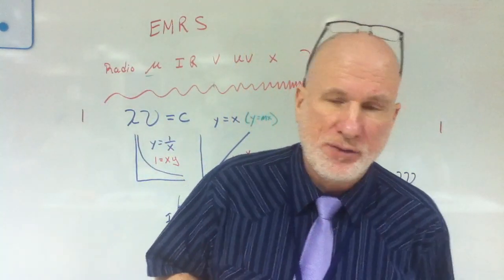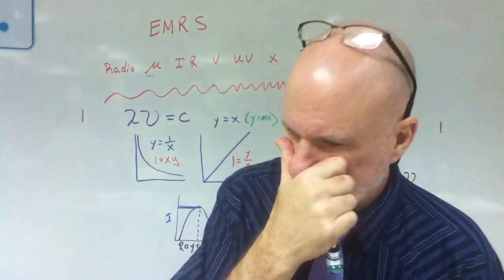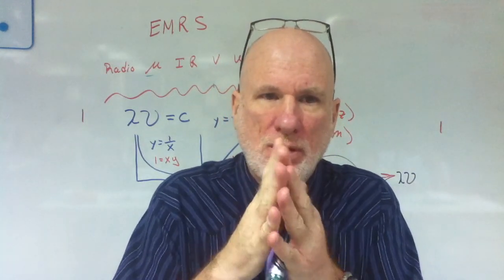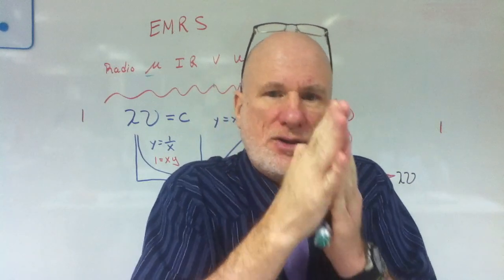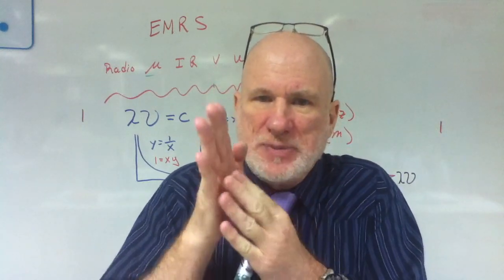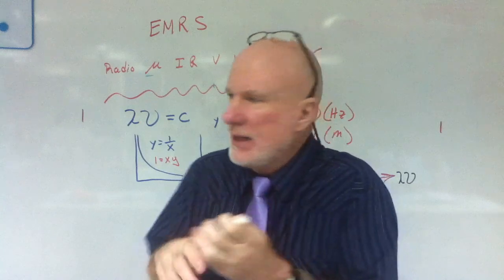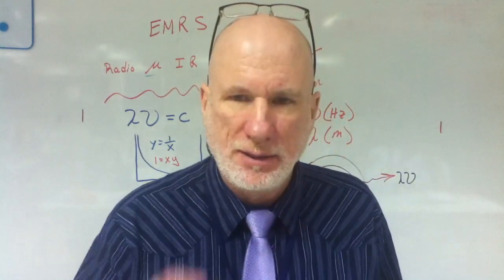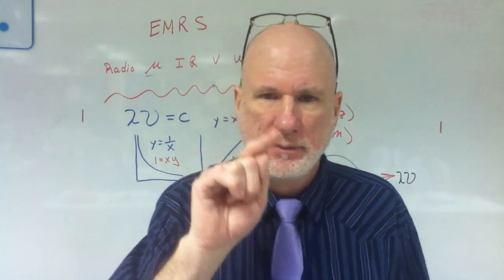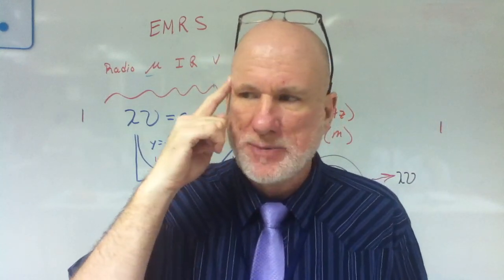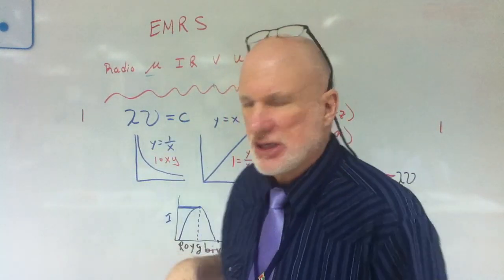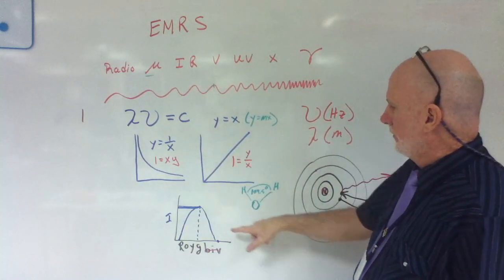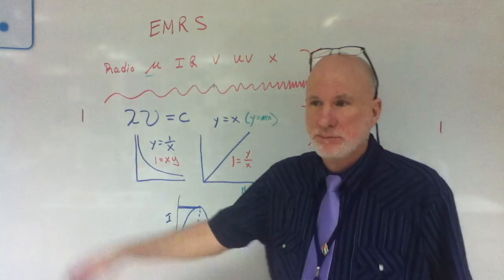An element, for instance, hydrogen, will give off 4 specific colors of visible light. Very specific. If you look at the radiation spectrum, you know what? We'll do that on the next one. I'll show you that. And that's called atomic spectra. All right? Let's finish this up. Good. Are we done? Yes?